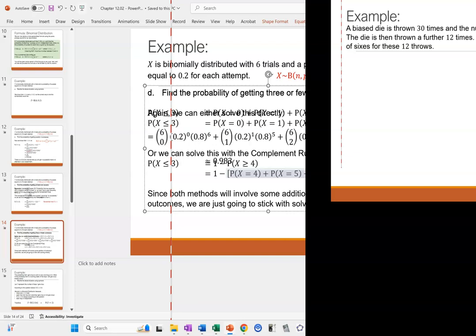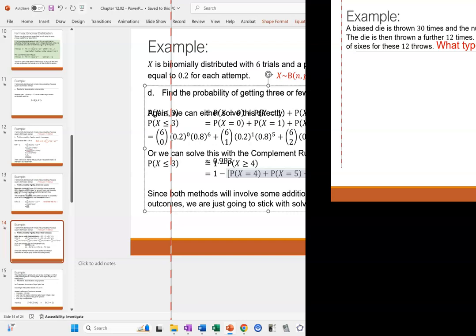Let's look at an example. A biased dice is thrown 30 times and the number of 6s seen is 8. The die is thrown a further 12 times. Find the expected number of 6s for these 12 throws. First question. What type of probability is this?